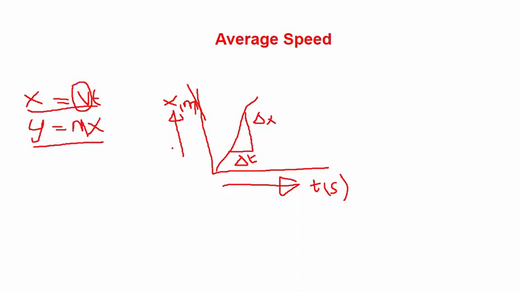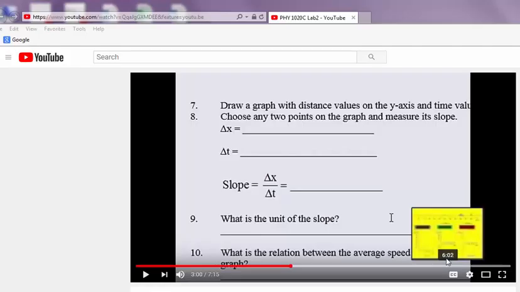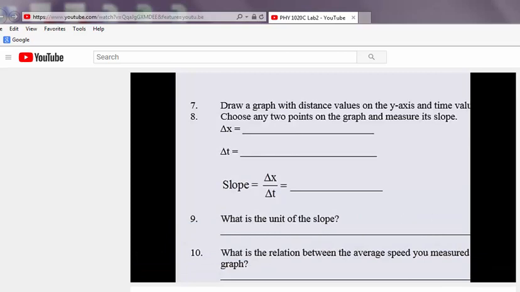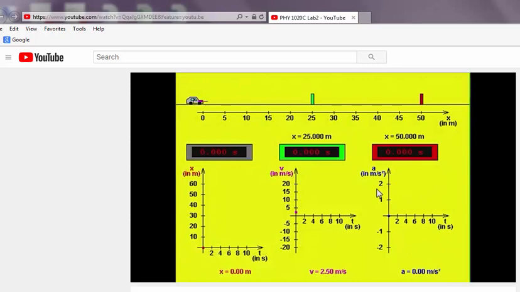So, our purpose in this lab is to measure the average velocity by measuring the slope of the distance versus time graph. And we will collect our data of distance and time from an animation. All right, let's now go and do the lab activity.